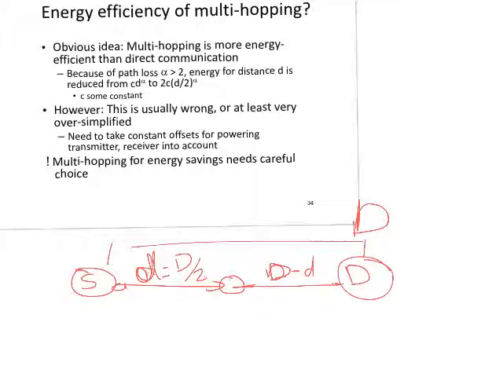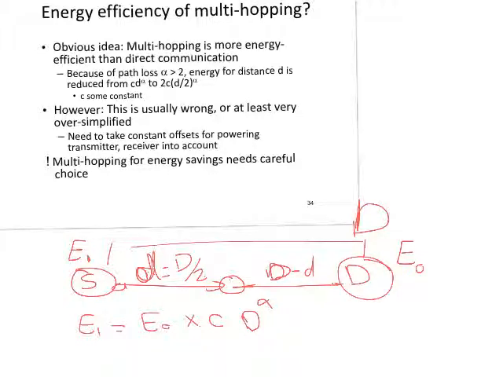So without relaying, if we want to have a level of energy here, E output, then the E1 here equals E output times C times D to the power alpha.